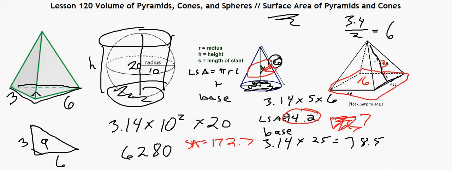So the area of one face is 6. How many faces? 4. 1, 2, 3, 4, all the way around the pyramid. So 6 plus 6 plus 6 plus 6 plus that 16 we had comes out to 40, I hope. We'll say inches. The book used meters. That one is example 120.4.